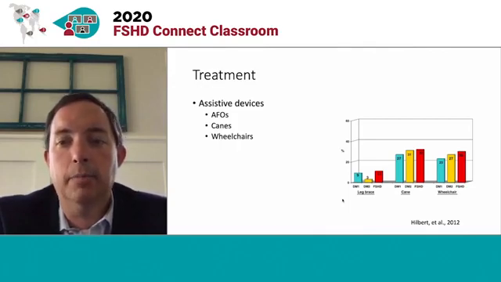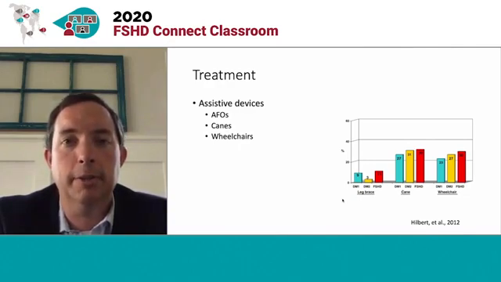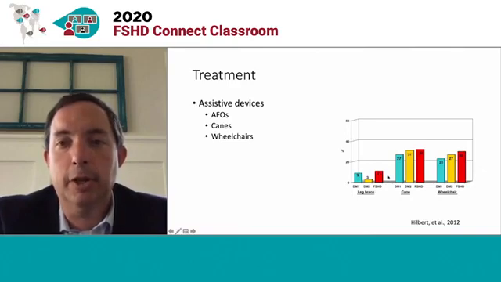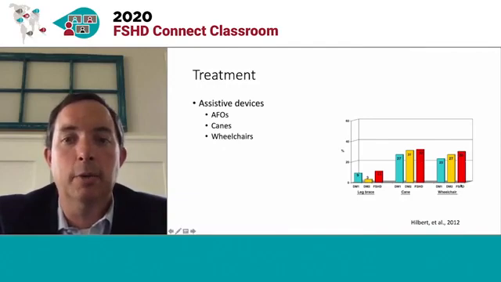And this slide that I'm showing you here is from the University of Rochester's FSHD myotonic dystrophy patient registry. So they show both myotonic dystrophy and FSHD, but just to focus on the 400 or so patients that they have in their registry, about 11% using a leg brace, about 32% requiring a cane at the time of the survey back in 2012, and about 30% or so need a wheelchair.